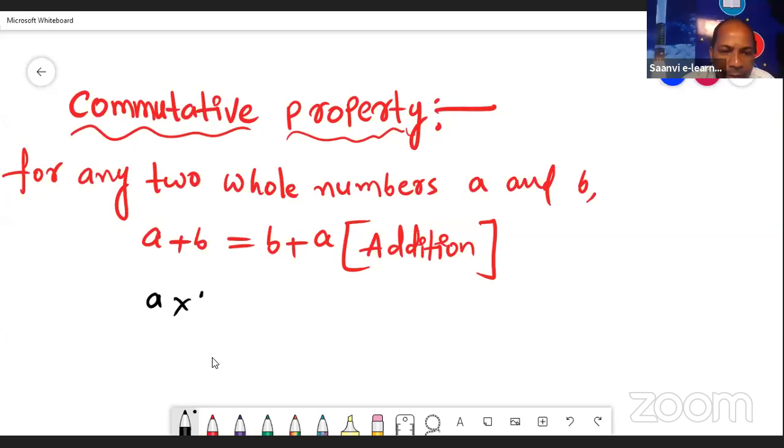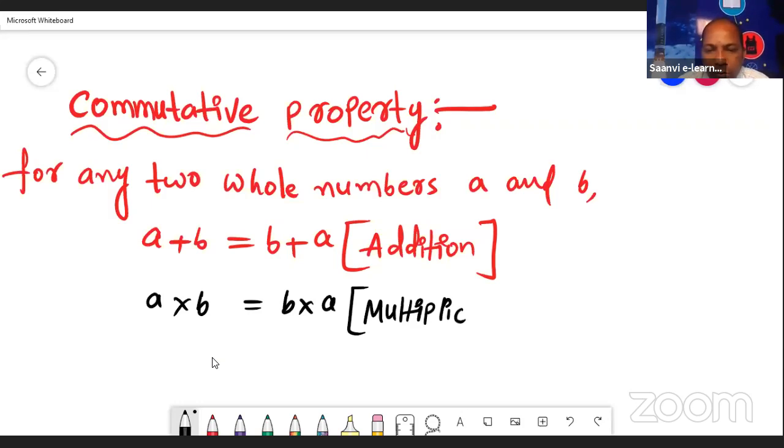So when we multiply them in straight and reverse order, we get the same result. So this is called commutative property under multiplication. Let us see examples.